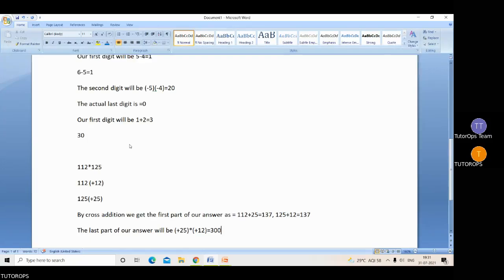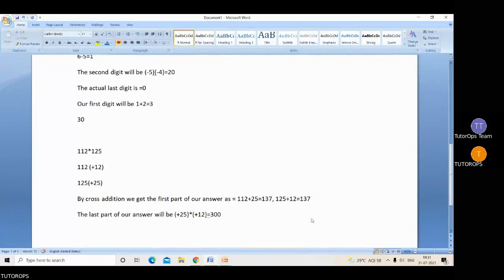So I need to compute how many zeros the base has, and I will keep the same number of digits, and then I will carry forward the remaining part. So what will be the last two digits of 300? That is 00, and I will carry forward the 3. So the carry forwarded 3 will be added to the 137 part.